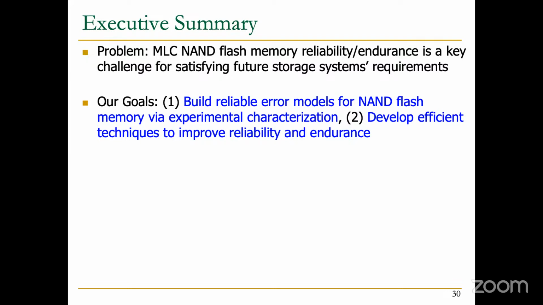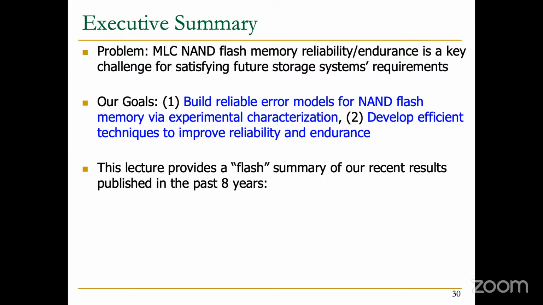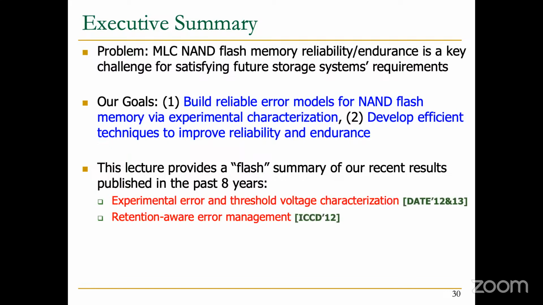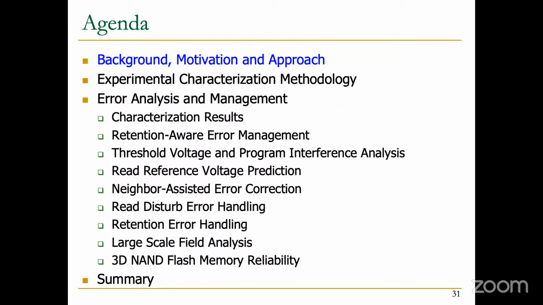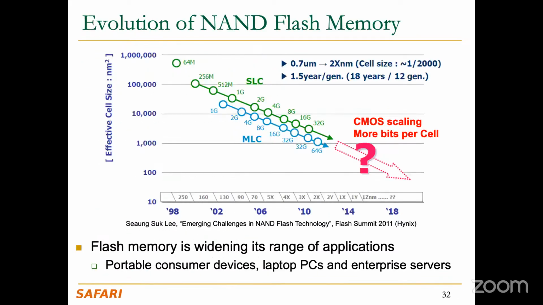So our goal is to build reliable error models for NAND flash memory by experimental characterization and develop efficient techniques to improve reliability and endurance. This lecture is going to provide a flash summary of our recent results published in the past 8 years in several different conferences. I will start with background, motivation, and approach.